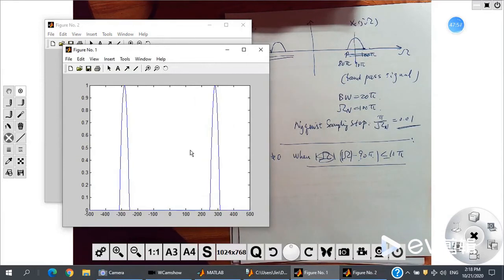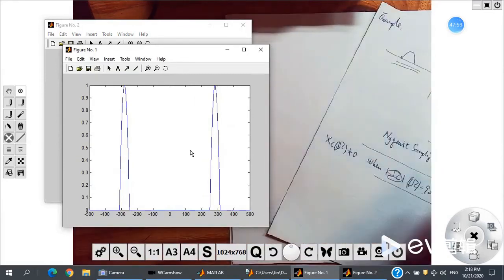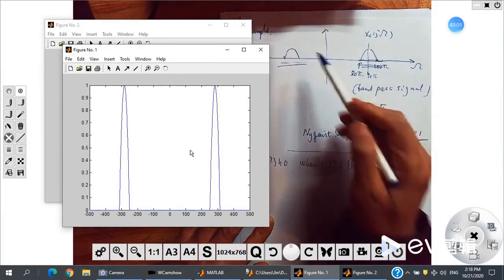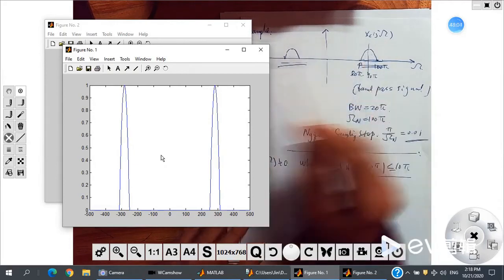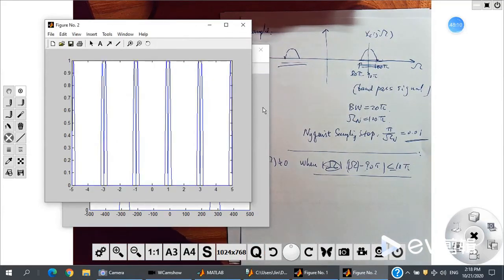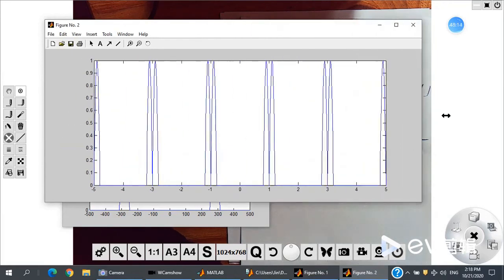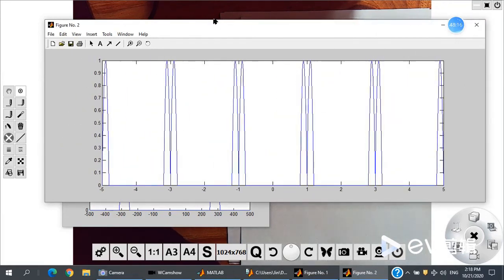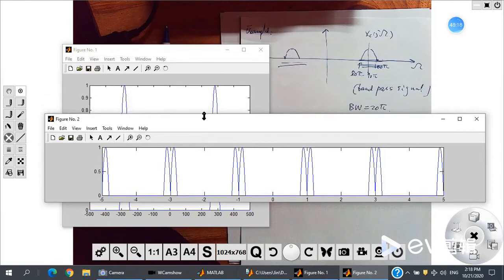Here are two peaks, this one and this one. Okay, and then we have the summation of them. This is the scale in the y direction. Maybe I can make it like this one. Yeah, looks better, right?